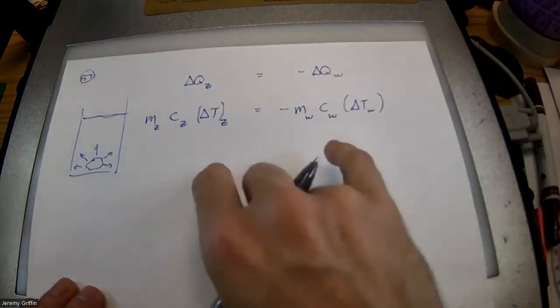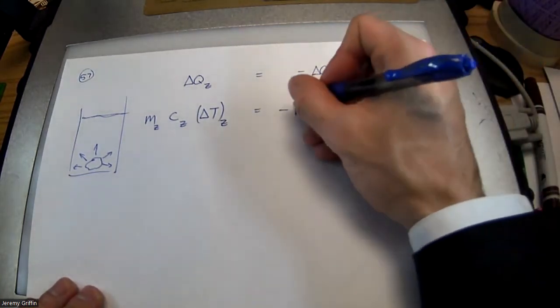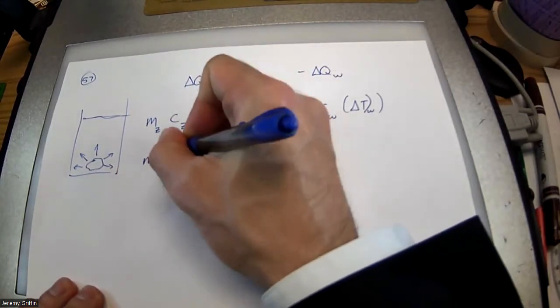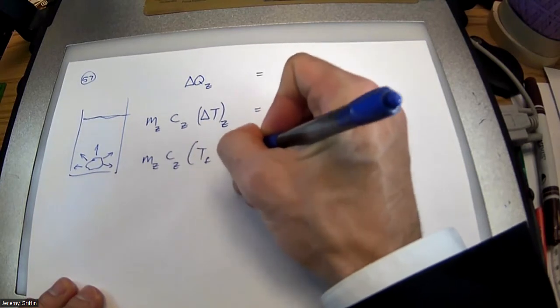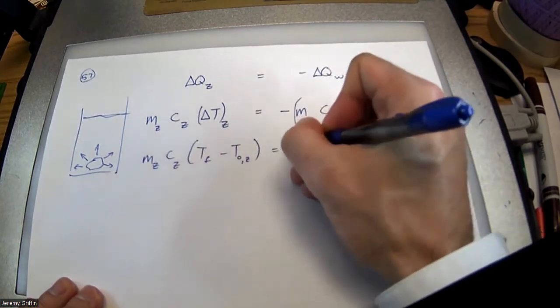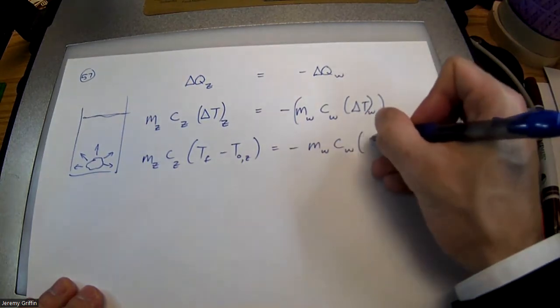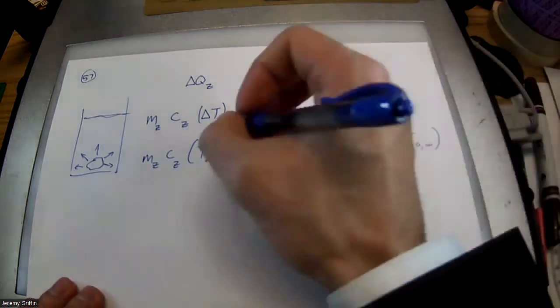Now change in temperature, of course, is final minus initial. So mass zinc, specific heat capacity of zinc, temperature final minus temperature initial of zinc equals negative mass water, specific heat of water, final temperature minus initial temperature of water.